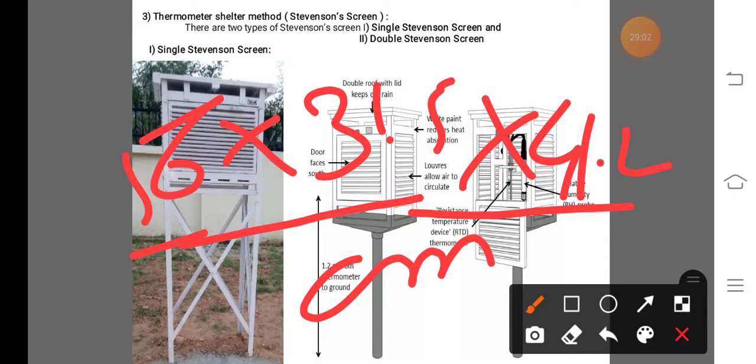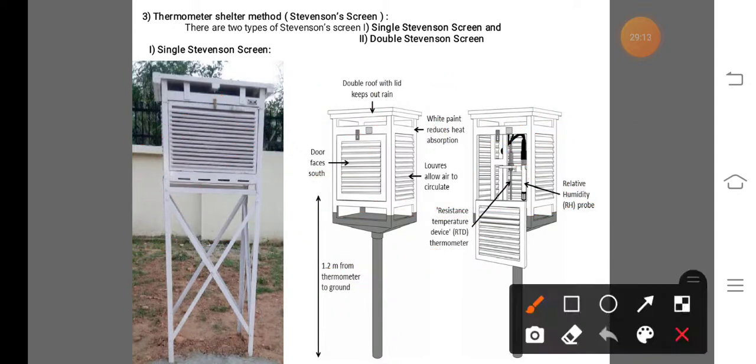And this single Stevenson screen contains 4 thermometers. In the case of a single Stevenson screen, there is a face. It is a portable panel, hanging at the bottom from the height of the doors, retained in horizontal position by two chains and sloping from front to back.